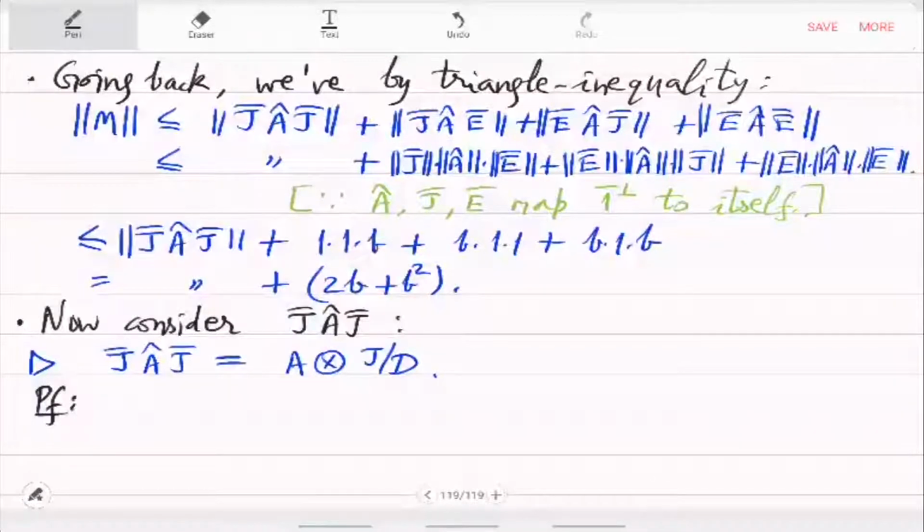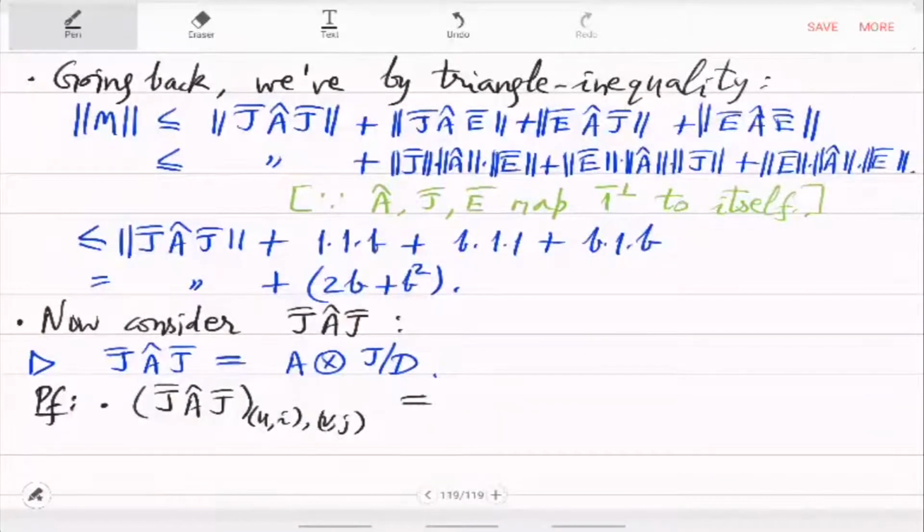Let us just check that. So let us check the (u,i)th row, (v,j)th column entry of this matrix. So you have to recall how the rows and the columns of A hat were indexed, right?